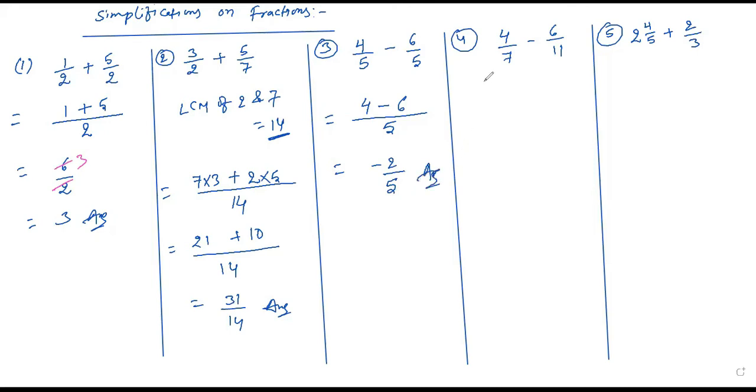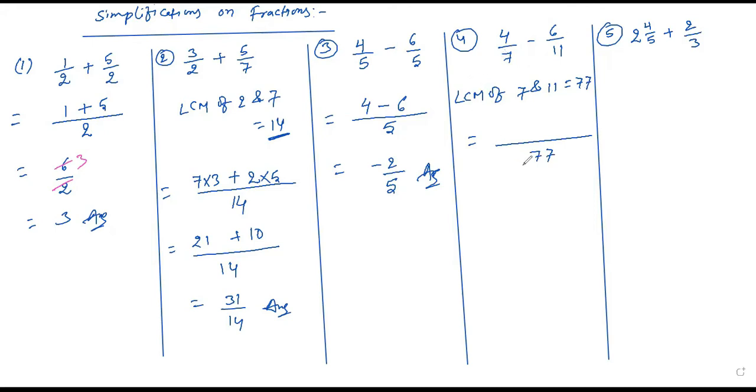Now number 4. Here are the denominators common or different? The denominators are different, so we have to take the LCM. LCM of 7 and 11 is 77 only. So plot the line again and write the common denominator, which becomes 77.